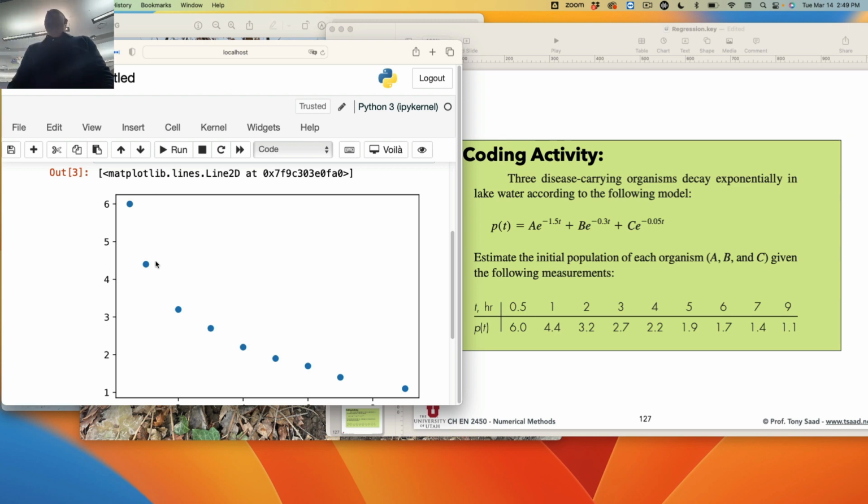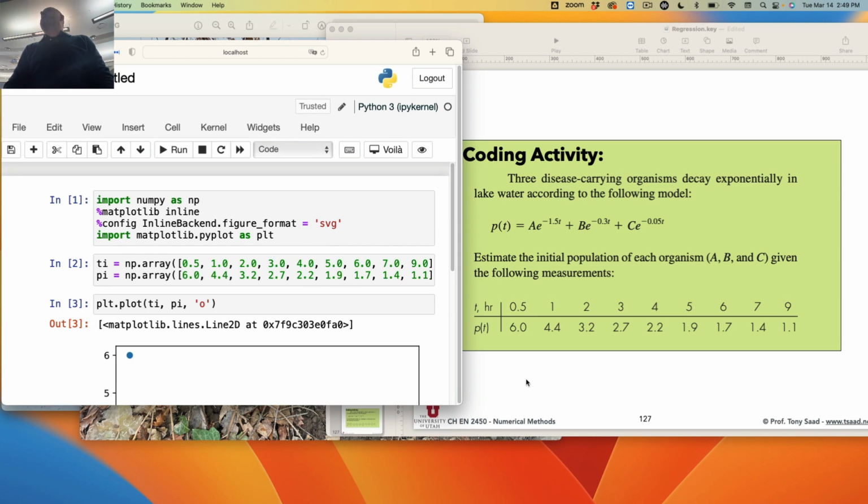Okay. So now our objective is to fit this model, a e to the minus 1.5t, etc. And the parameters are a, b, and c. Okay? And in our regression, we are going to solve for a, b, and c. And that turns out to be what the problem is asking for, because a, b, and c are the initial populations of these organisms.